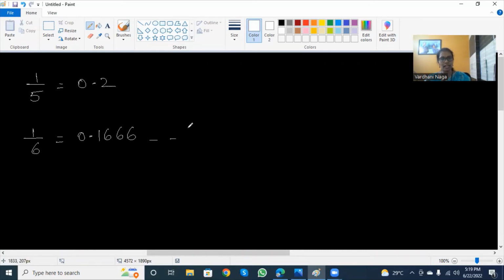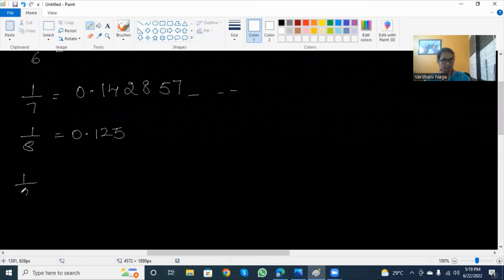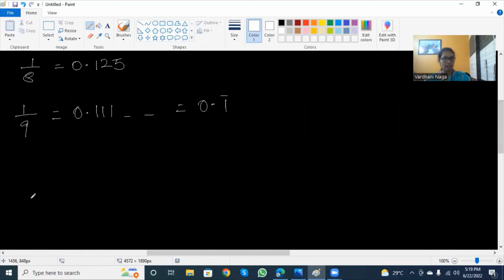This can be written as 0.16 bar. 1 by 7 is 0.142857, and so on. 1 by 8 is 0.125. 1 by 9 is 0.111, and so on. That can also be written as 0.1 bar. Next, 1 by 10, we all know this is simply 0.1.